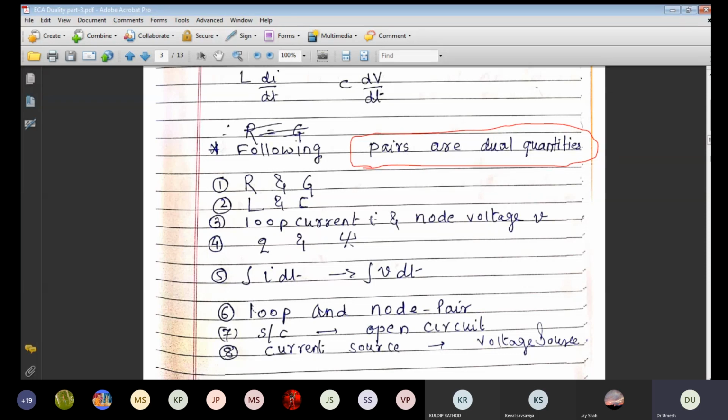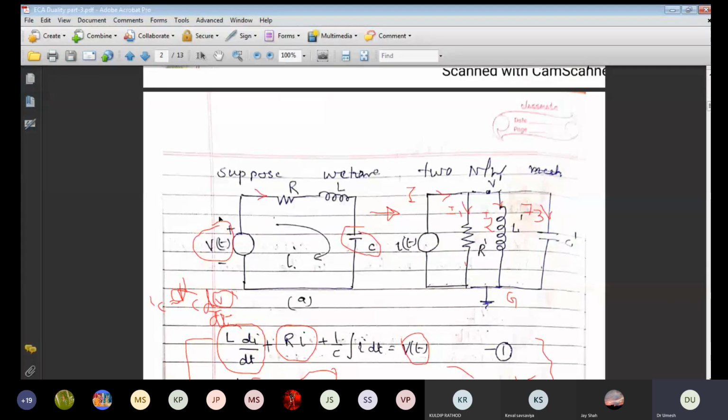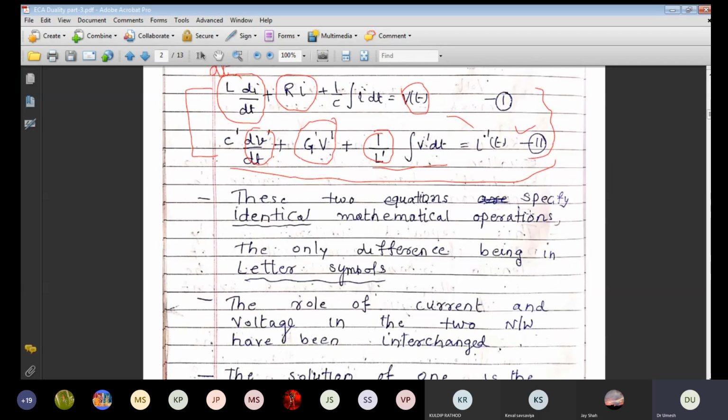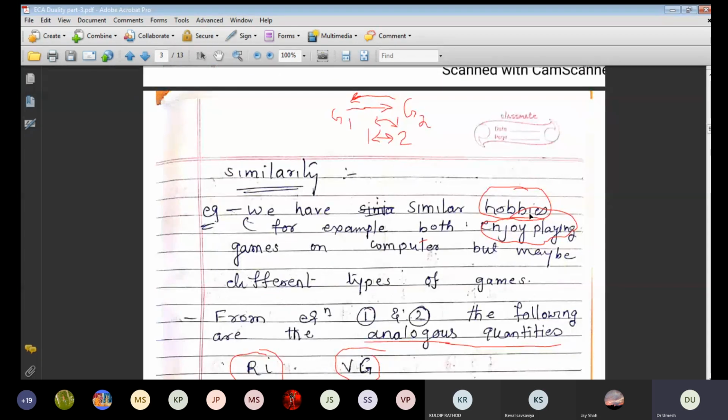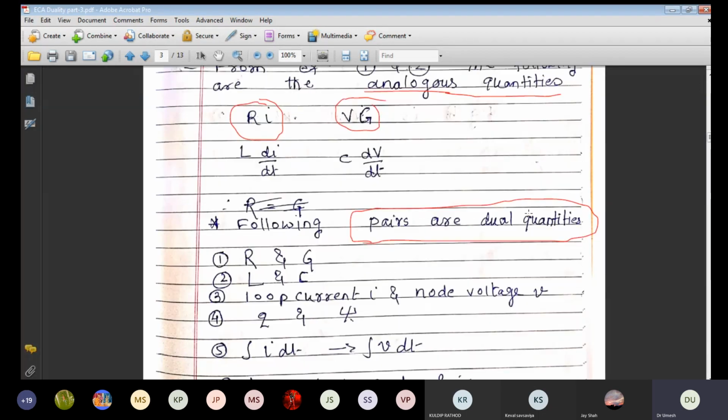Loop current is replaced by node voltage. I have already given this equation. So this is loop voltage that will be given by the loop current, and we have replaced the loop voltage and loop current, because we know that Kirchhoff's voltage law is used for mesh analysis and Kirchhoff's current law is used for node analysis.